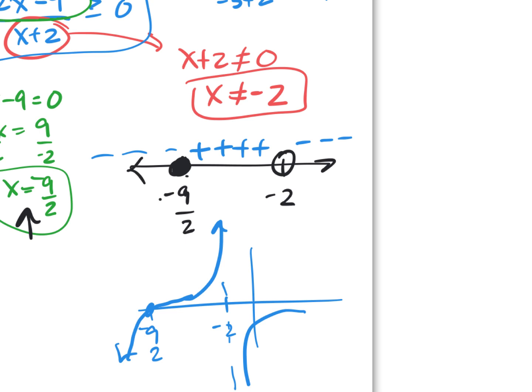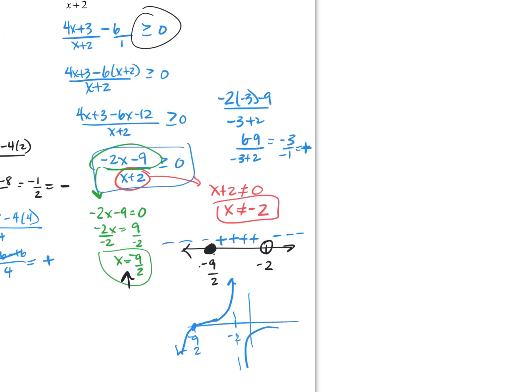So then, I have the signs correct, but which part of the number line is my solution? Go back to your original. It says greater than 0, which translates to positive or negative? The positives. So this section is my solution.